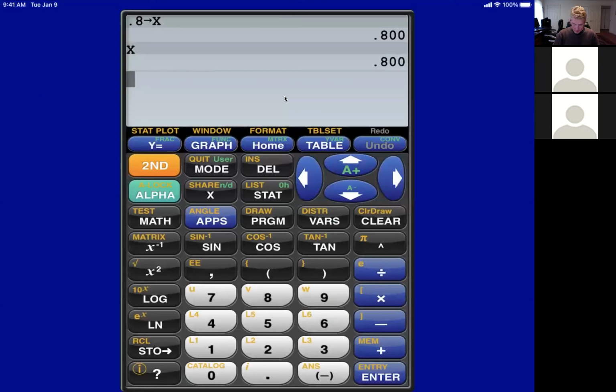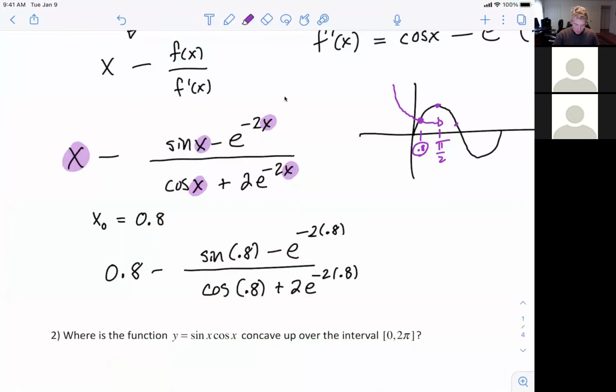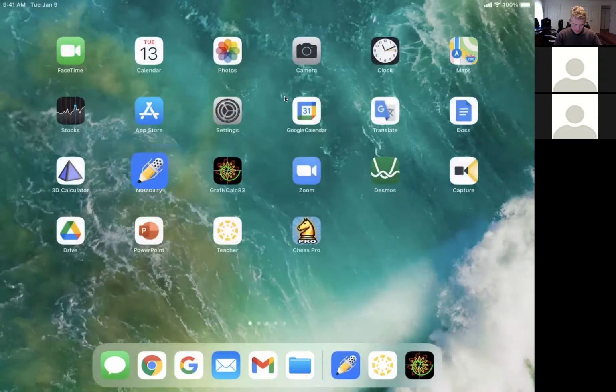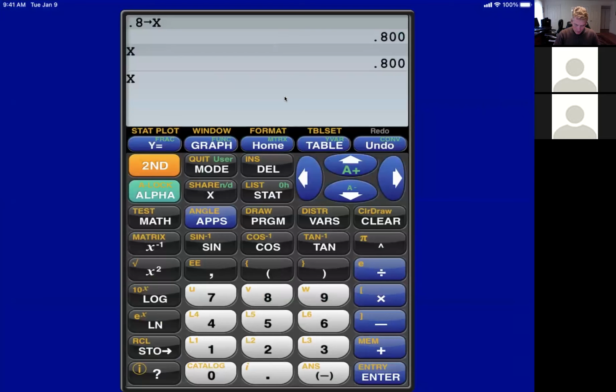Perfect. Then I'm going to type the formula, and I'm actually going to type it like this with the X's. And then since I stored X in its brain, the calculator is going to substitute 0.8 for all of those X's. So it goes X minus, and then the numerator had sine of X minus the E function to the negative 2x.